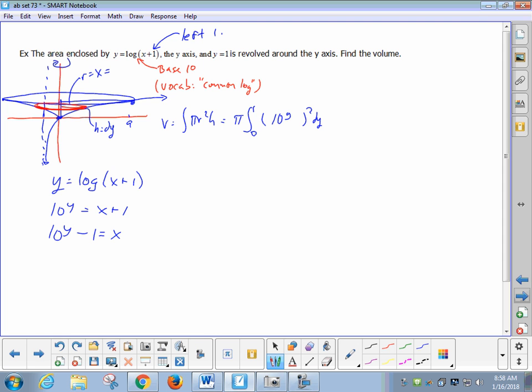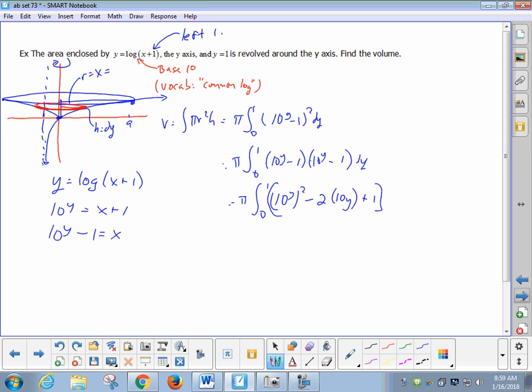Oh my goodness, is that going to make it not so doable by hand? Well, let's see. I refuse to give in to the calculator yet. We'll see. I might change my mind in a minute. So this is 10 to the y squared minus 2 times 10 to the y plus 1.